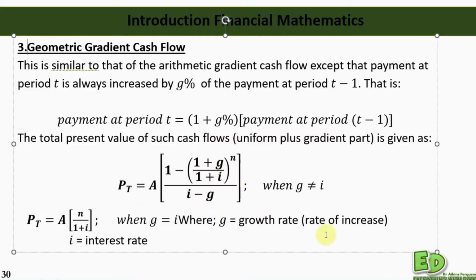And when the growth rate is equal to your interest rate, you use the formula here to find the present value total. It is simply the annuity times the number of years over 1 plus the interest rate.